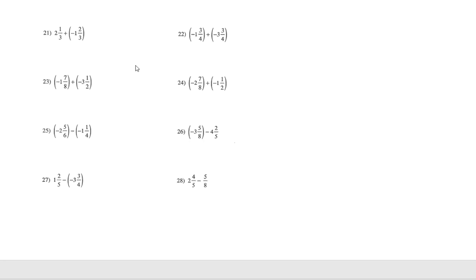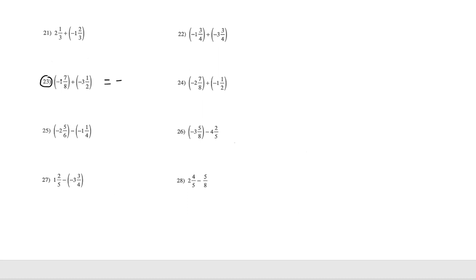Okay, let's try a couple more together, and then I think you guys will be ready to finish this assignment on your own. 23. We have two mixed numbers. They're both negative, and they do not have a common denominator. We're adding two negative numbers together, so we know our answer is going to be negative. First step is to change both of these to improper fractions.